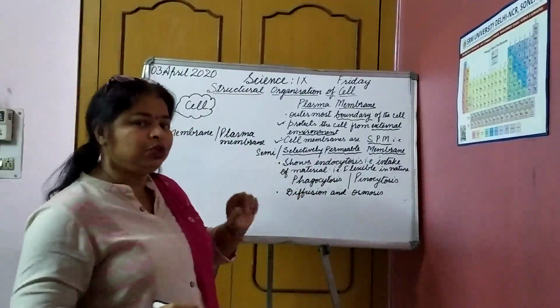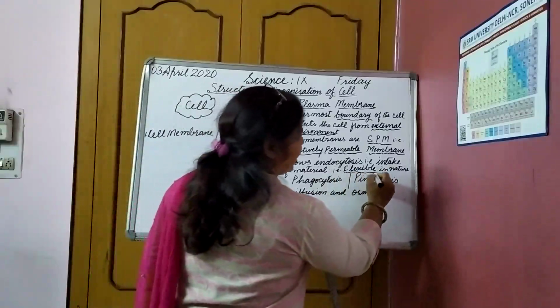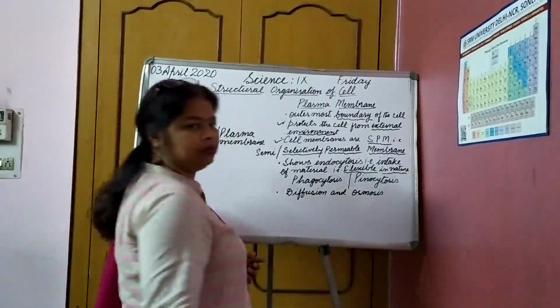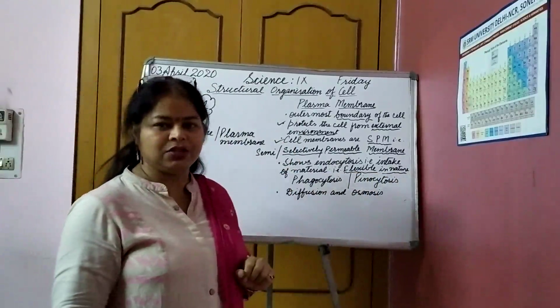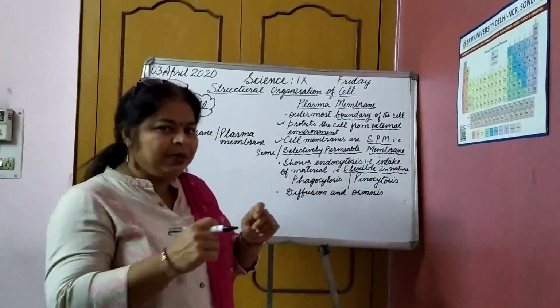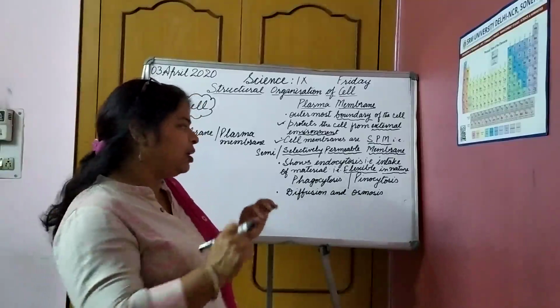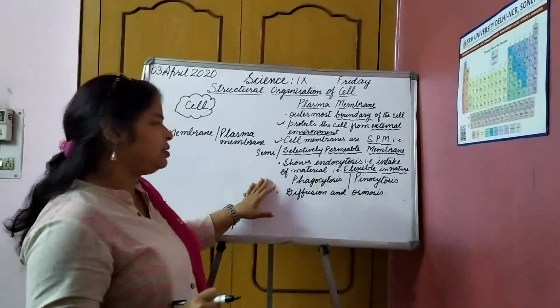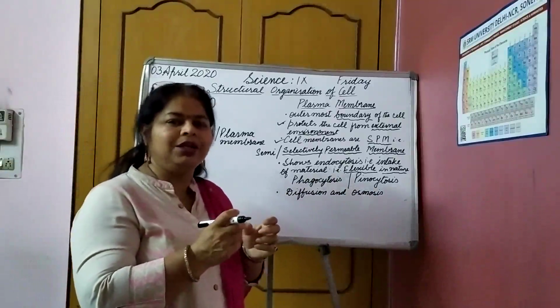Then it shows flexibility. The cell membrane or plasma membrane is flexible in nature. Flexible means it is not rigid, it is a little bit flexible. It means that it can change its shape according to need.